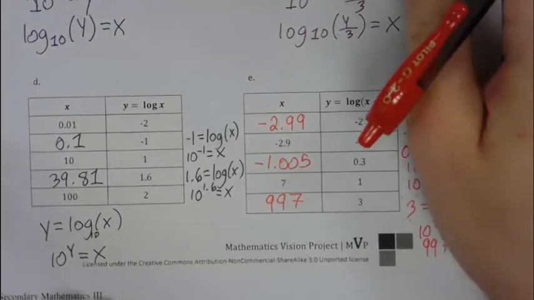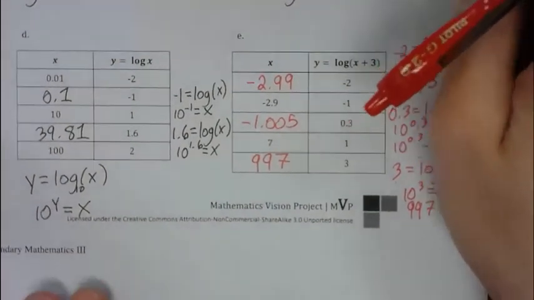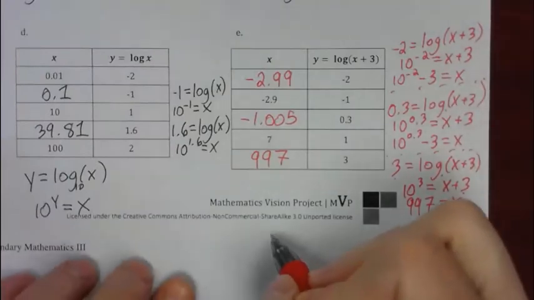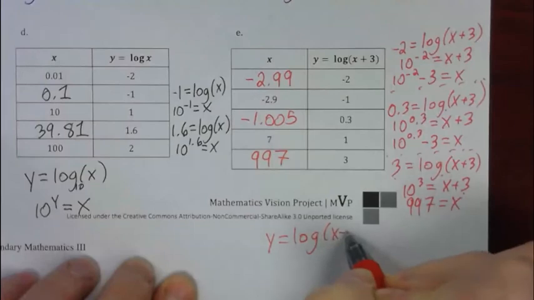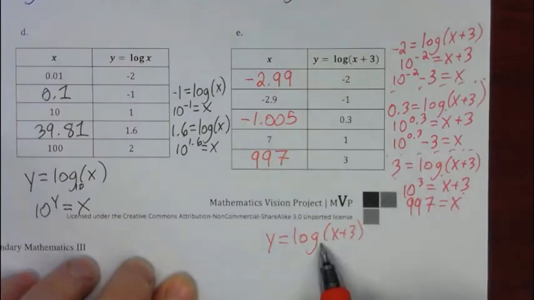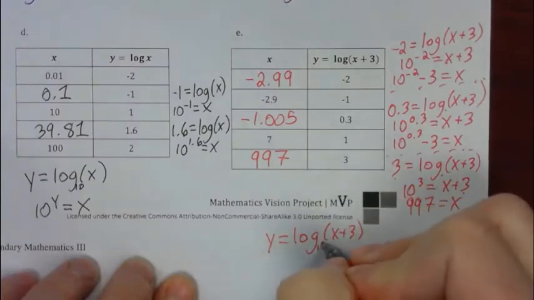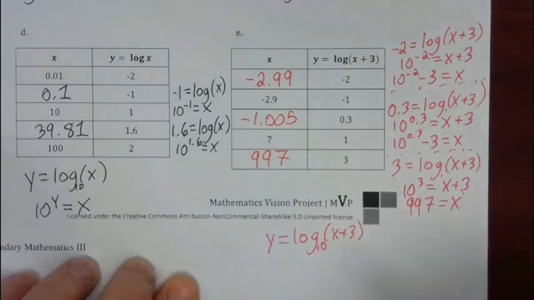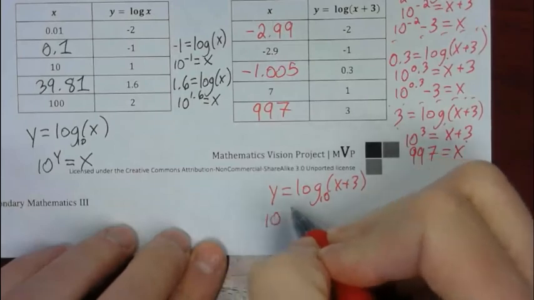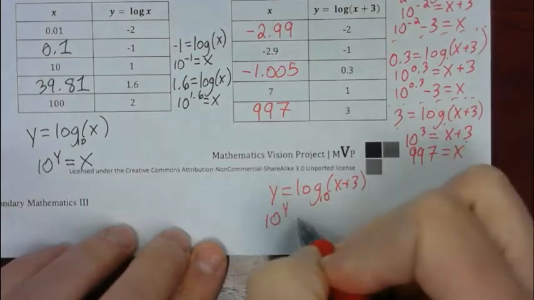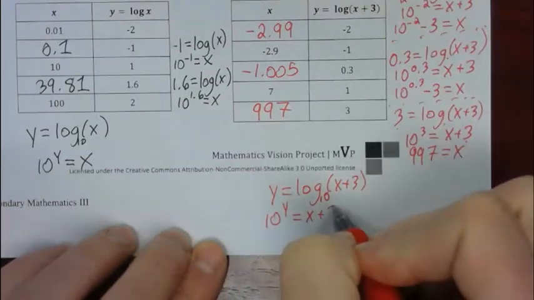For this table E, if we're trying to get an equation, just solve for x. Well, we would write our equation first. Y equals the log of x plus 3. So we would do 10, which, remember, is what's missing. If there's not a base, it's always 10. So we would have 10 to the power of our y value equals x plus 3.